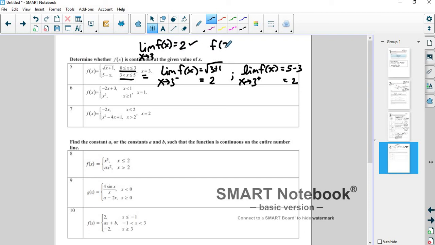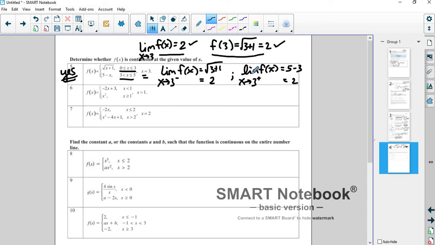What about the function value? What's the function value? If you take f of 3, well, x less than or equal to 3, that means we plug in up top, we get the square root of 3 plus 1, which is 2, checks it out, so yes, I'm continuous at 3 because the limit exists, the limit from the left and right are the same, and the function value matches. So I've got to see all those.